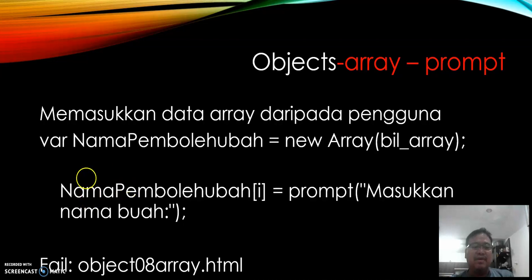For example, here is our variable name, and here is the index, I, equal to prompt, and then insert your, for example, in this case, I want you to insert your favorite fruit.